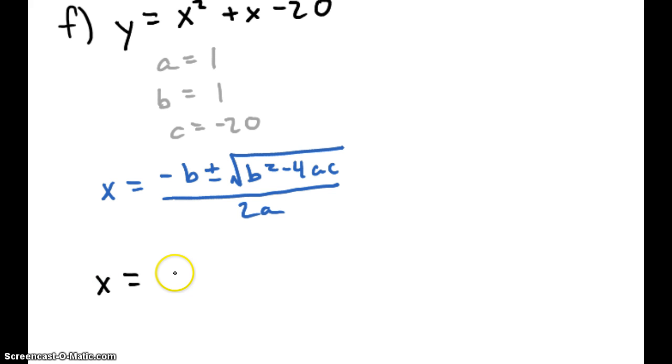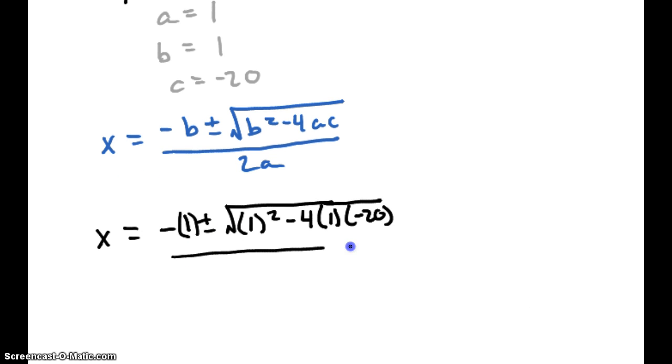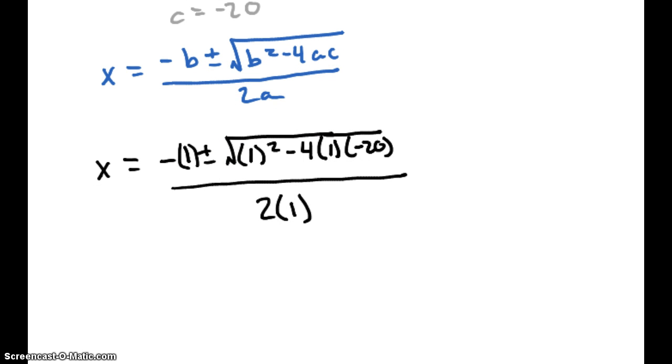Now I get x is equal to negative 1 plus or minus the square root of 1 squared minus 4 times a is 1, c is negative 20, and then that's all over 2 times 1. That gives me x is equal to negative 1 plus or minus the square root of, and again, I come up with 81. I just found the discriminant.